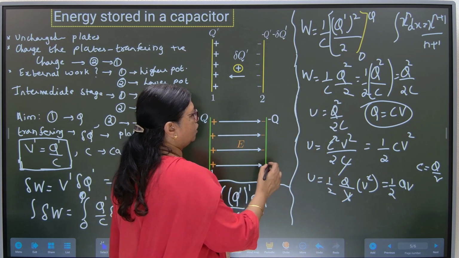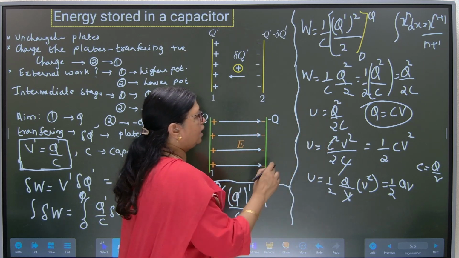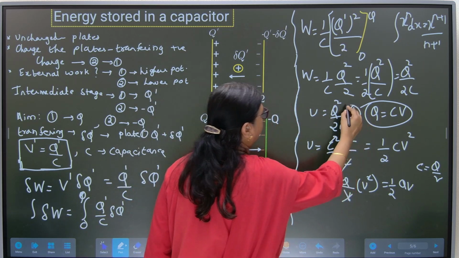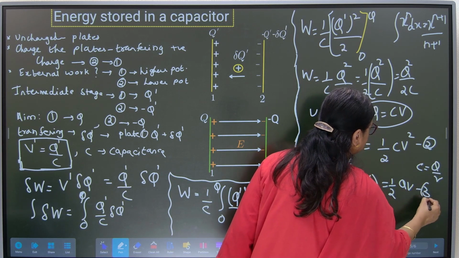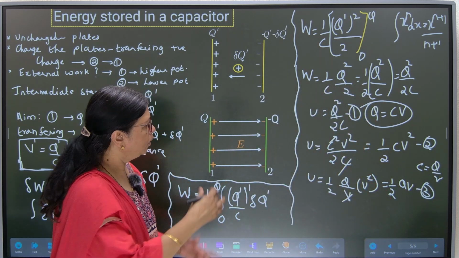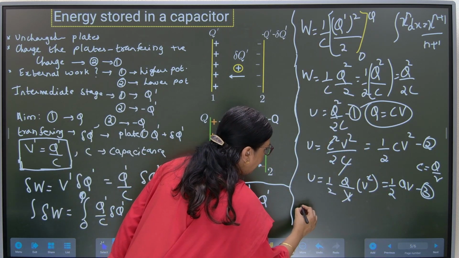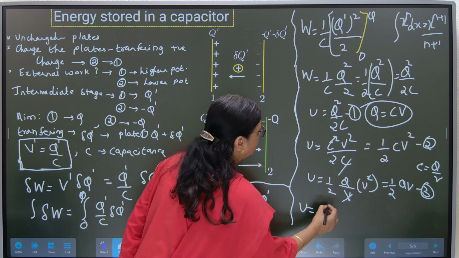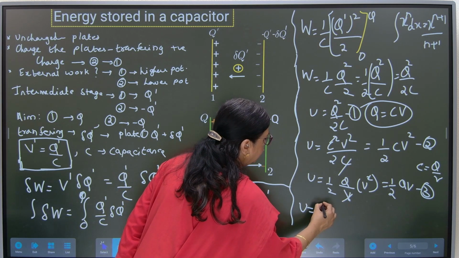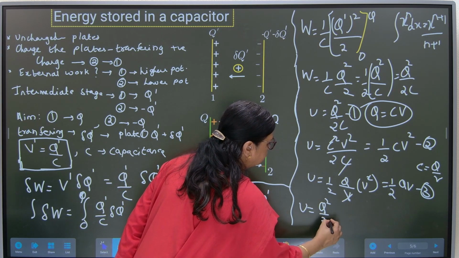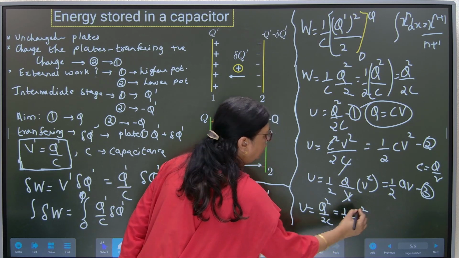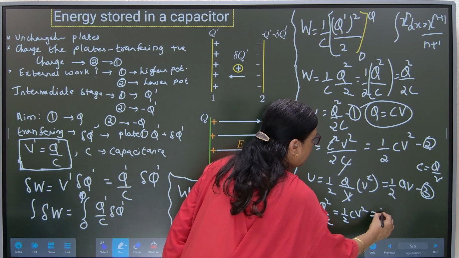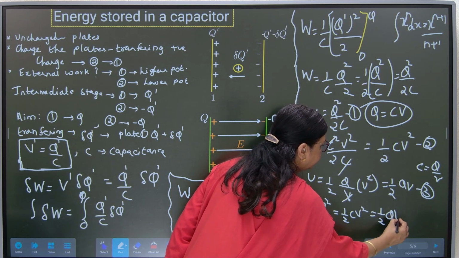Okay, so here you can see there are three equations for U, that is the potential energy stored. We can write them all together as U is equal to Q square upon 2C is equal to half CV square is equal to half QV.